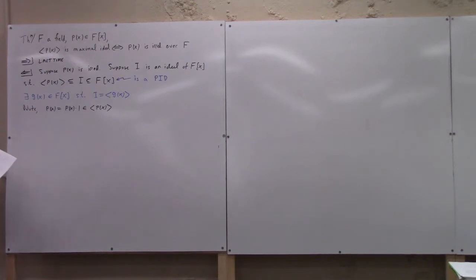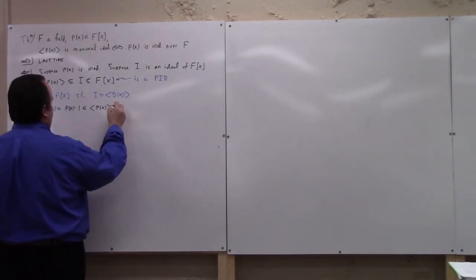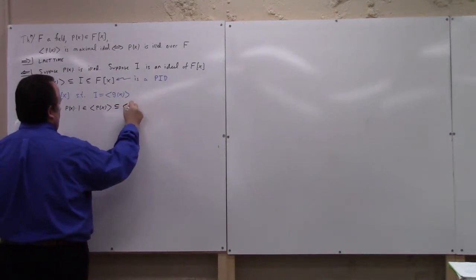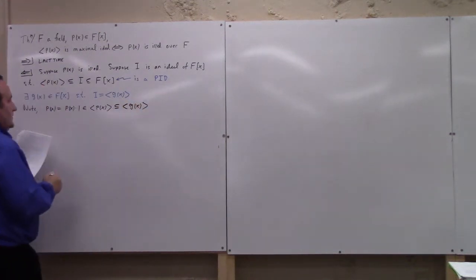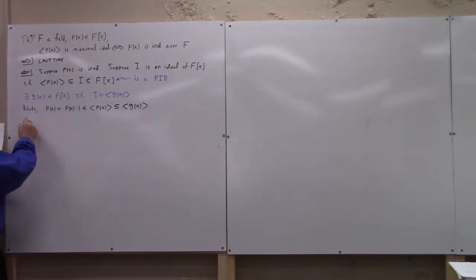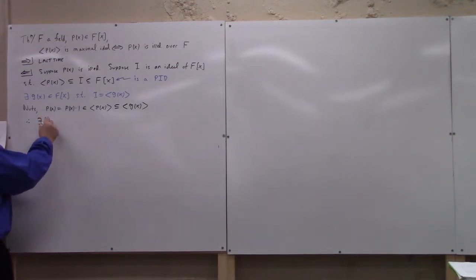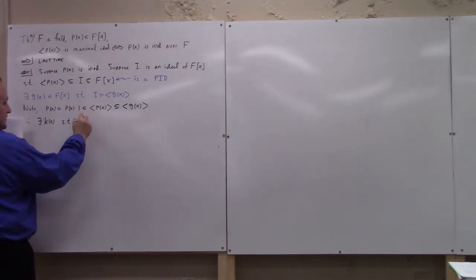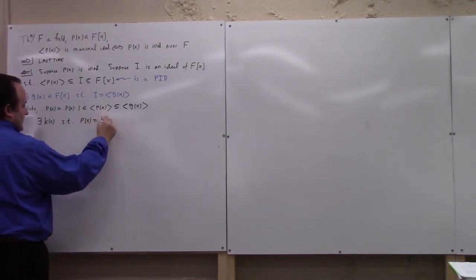And so this is a subset of what? A subset of this one, right? Yes, the ideal. It's a subset of that. And what does that mean? Therefore, there exists a polynomial k of x such that P of x is equal to k of x times g of x.